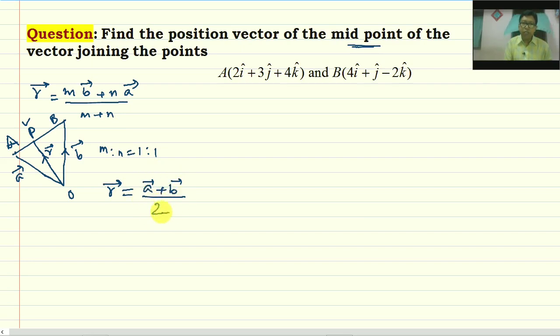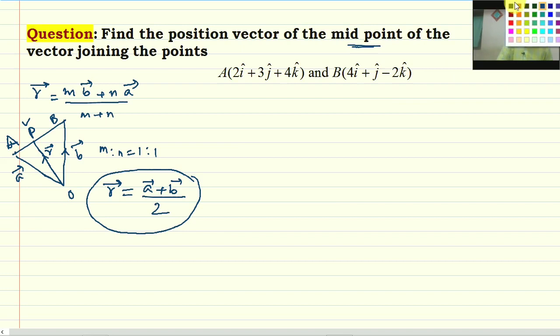We shall now use this formula: R vector is equal to (A vector + B vector) divided by 2, where the point P is the midpoint of the line joining the points A and B.